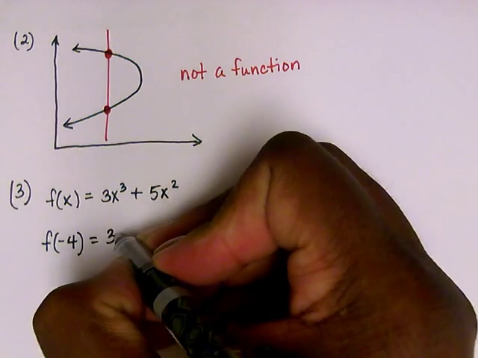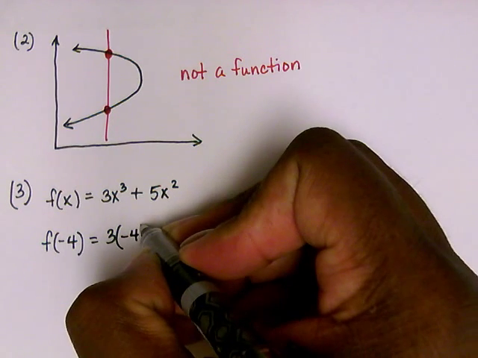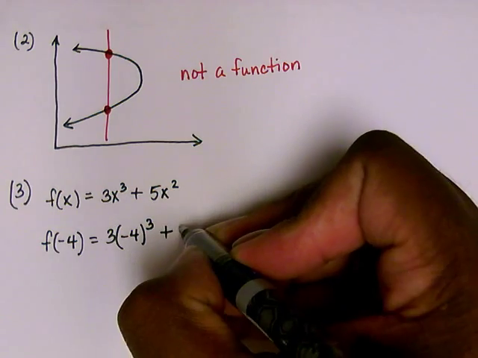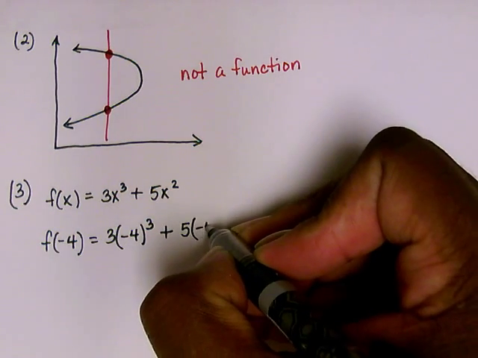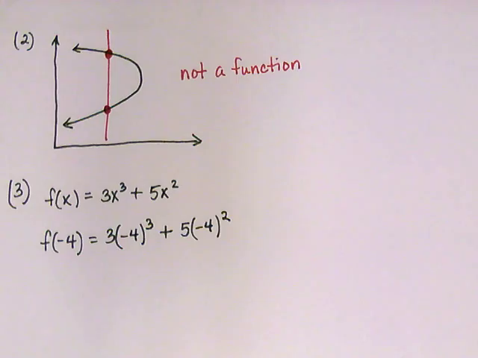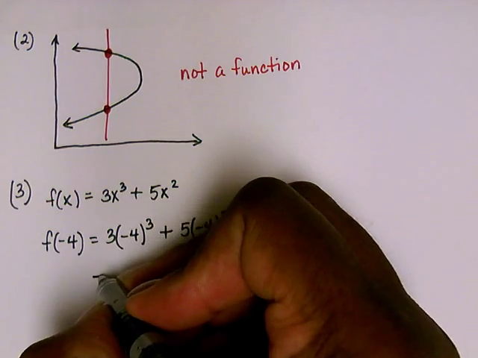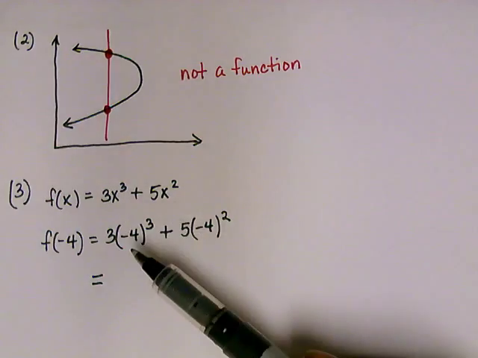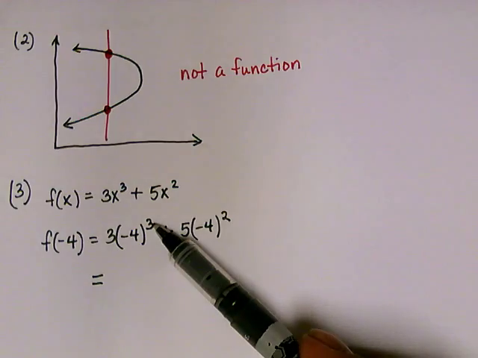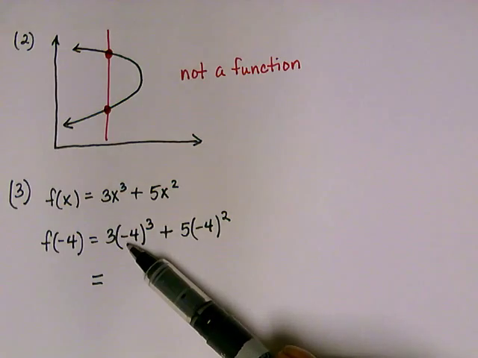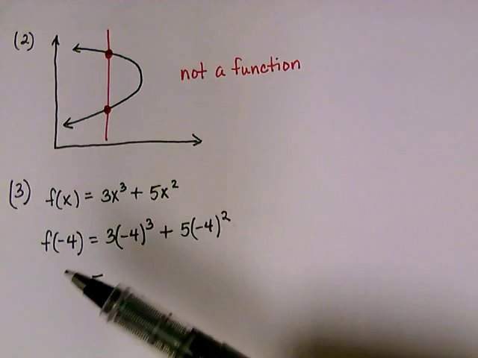So this will be 3 times negative 4, raised to the third, plus 5 times negative 4, raised to the second. And then we go ahead and simplify using the order of operations. Negative 4 to the third: a negative raised to an odd power is going to be negative.